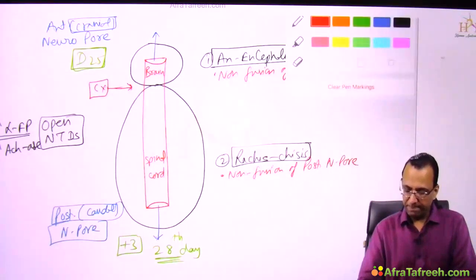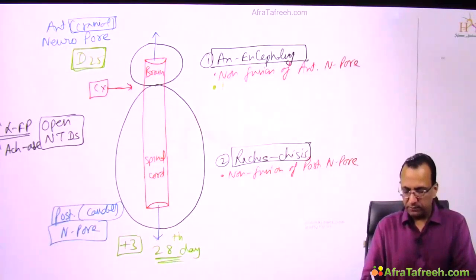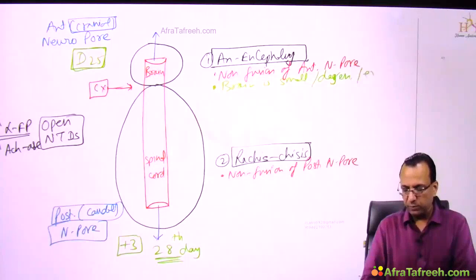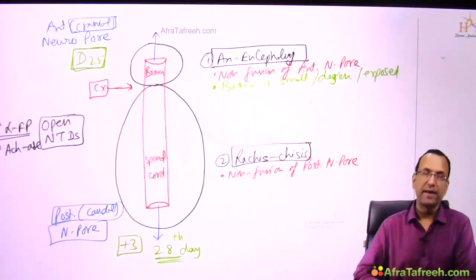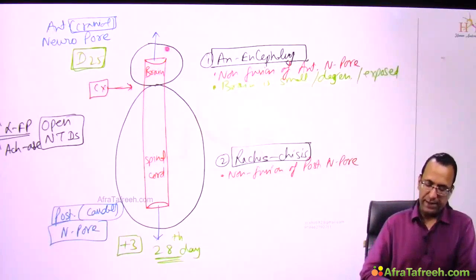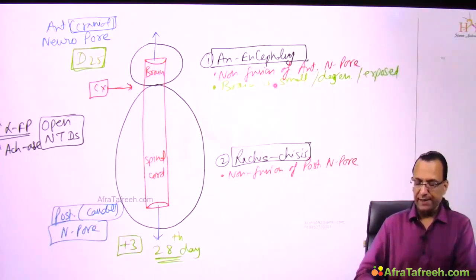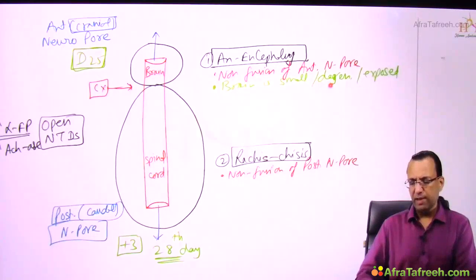You find that in anencephaly, the brain is small and degenerated because it is exposed outside. But why is it exposed outside? And who is degenerating it? See, first of all, the brain is small and it is degenerated by amniotic fluid. But why is it degenerated by amniotic fluid?